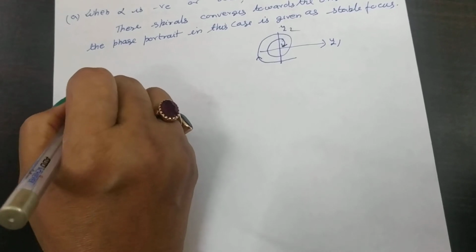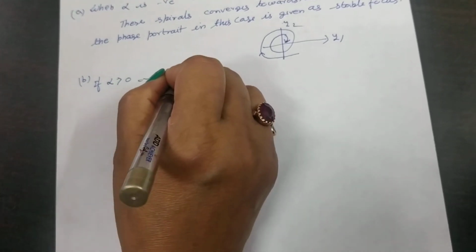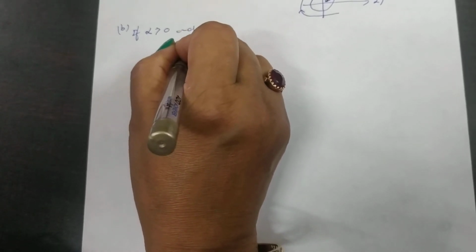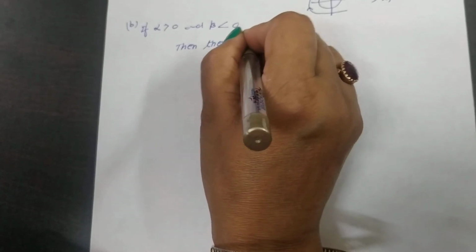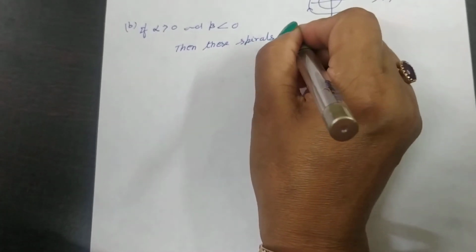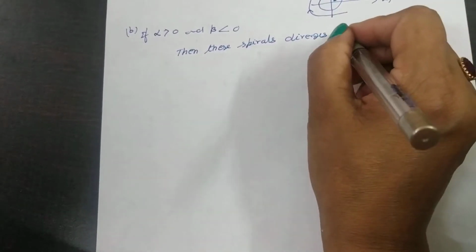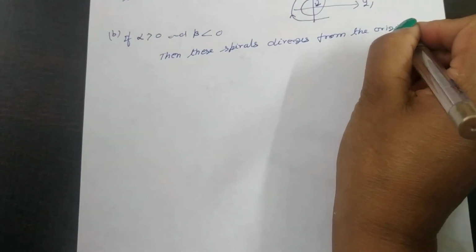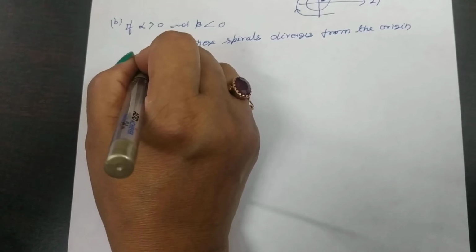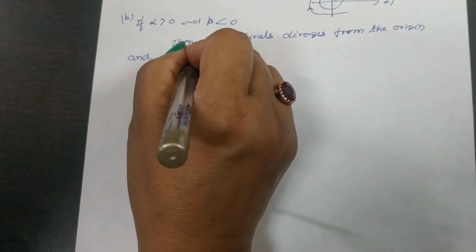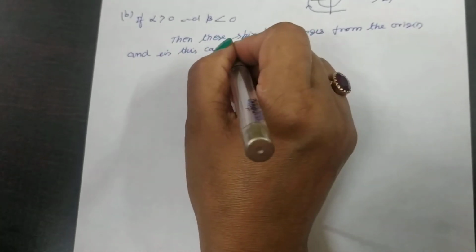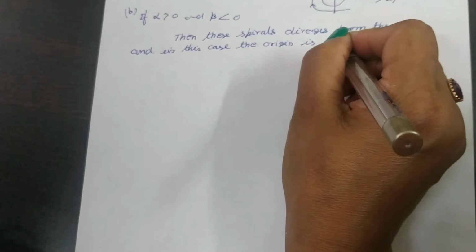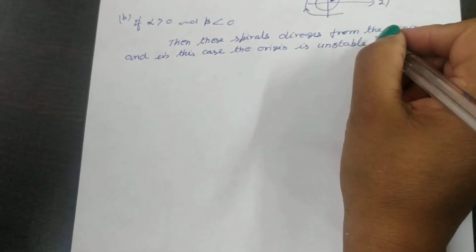Now case B, if alpha is greater than 0 and beta is less than 0, then these spirals diverge from the origin, and in this case the origin is an unstable focus.